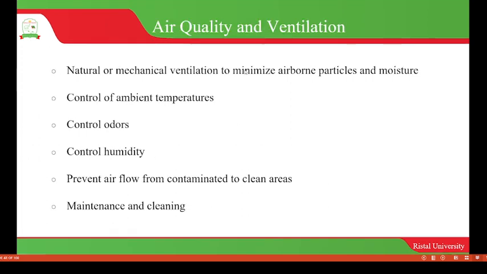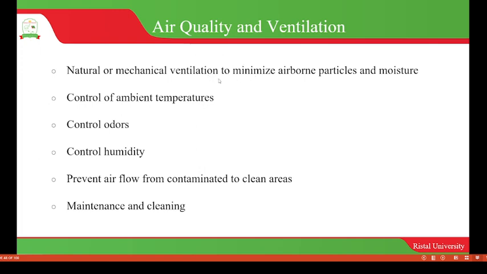And then also the other area which is covered by good manufacturing practices is air quality and ventilation. In the facility, there has to be natural or mechanical ventilation. This will help to minimize airborne particles and moisture in the food manufacturing areas.